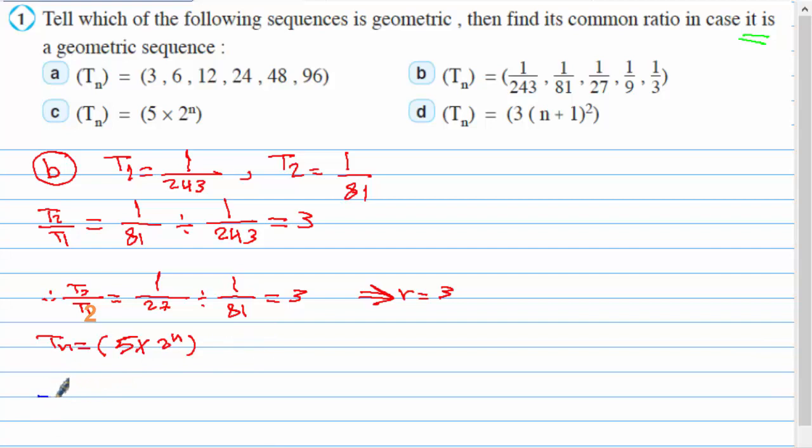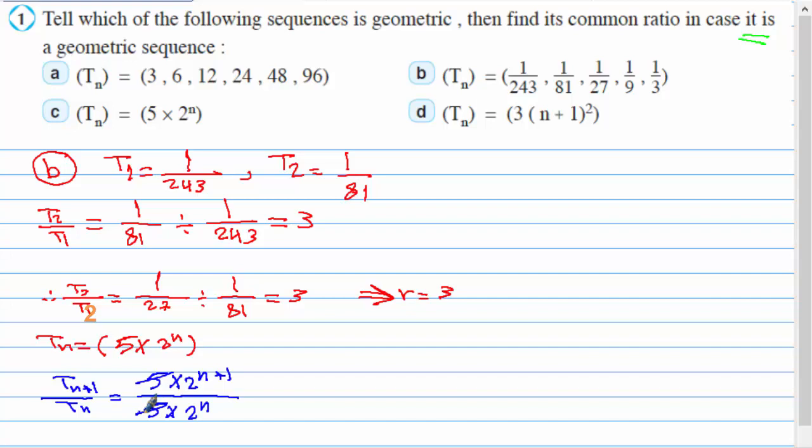So we will try Tn plus 1 over Tn. Tn plus 1 is 5 multiplied by 2 power n plus 1, over Tn, which equals 5 multiplied by 2 power n.